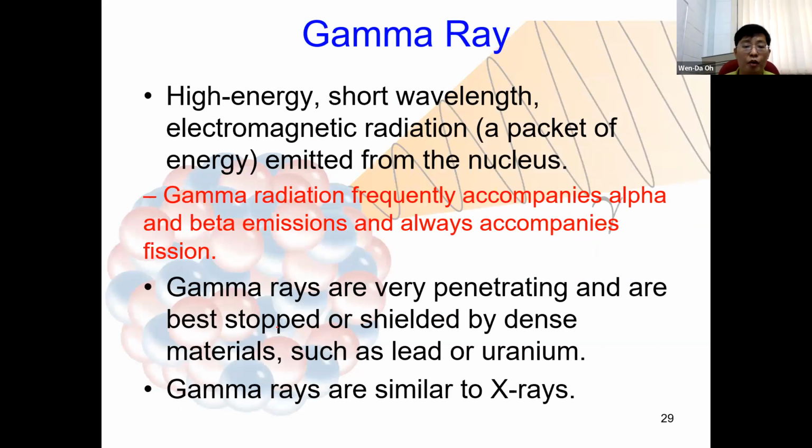This gamma ray is more powerful, has a short wavelength, and is usually emitted by the nucleus. It is very penetrating, which means it has very, very high power. It can go into the body and cause excessive ionization. So you have to be aware that when we ingest radioactive isotopes into our body, we must be very sure that the particular radioactive material will not liberate gamma rays.